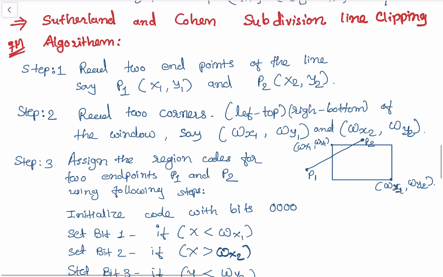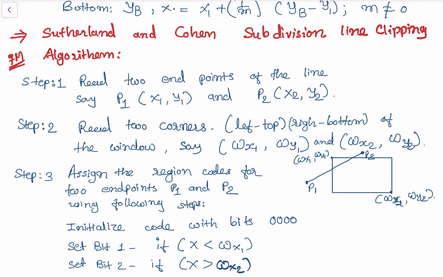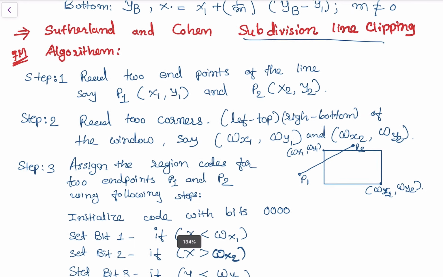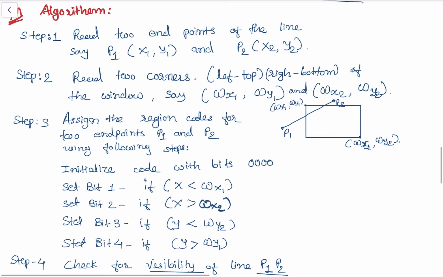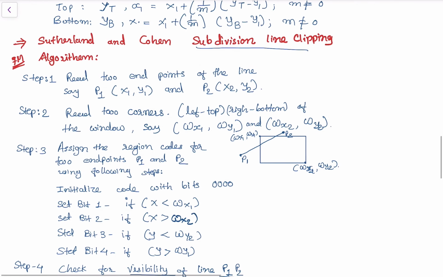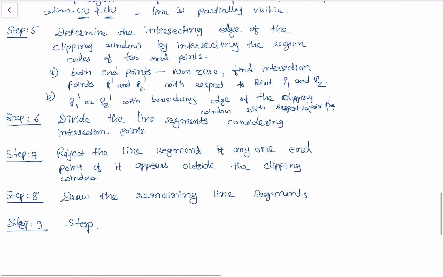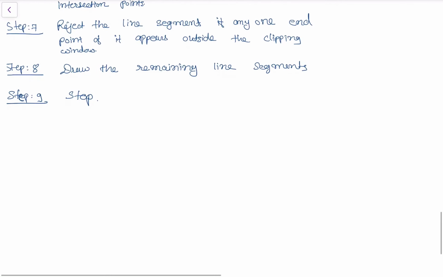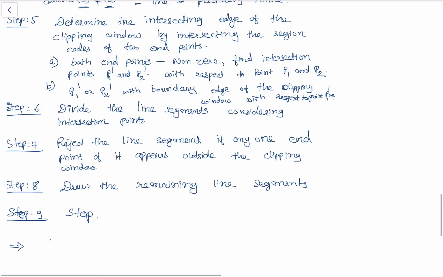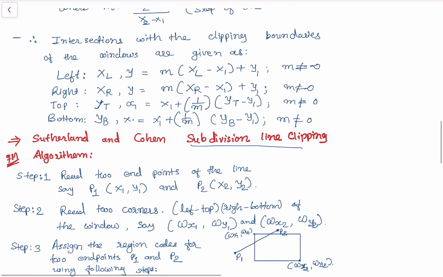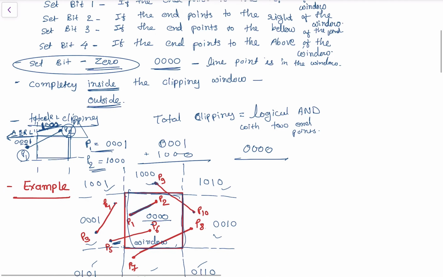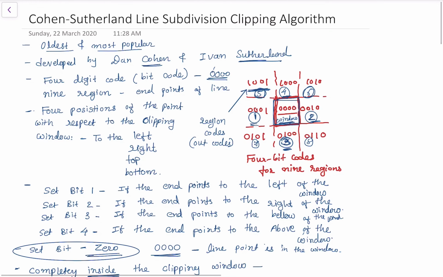This is the Sutherland and Cohen subdivision line clipping algorithm. There are 9 steps, and similarly you have to solve this example of the Cohen-Sutherland subdivision algorithm. I hope you are clear with this concept of the Cohen-Sutherland line clipping algorithm.